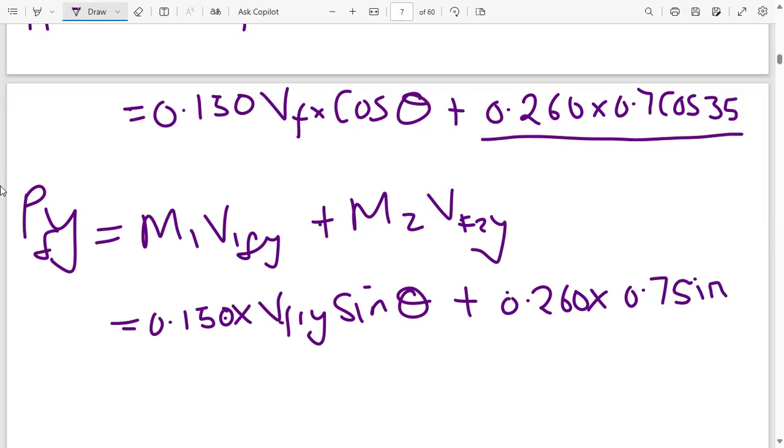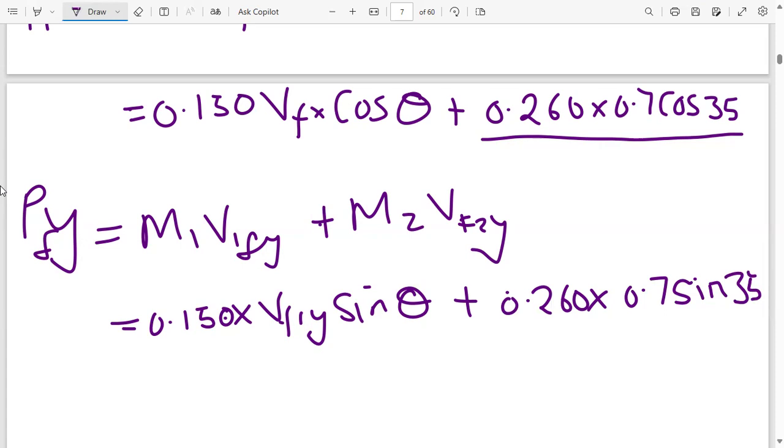This is the y-axis and it is pointing in the negative direction. This will be negative 0.7 sine theta, where theta is 35.